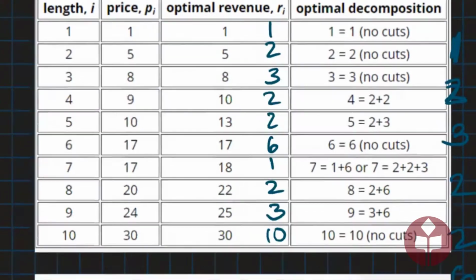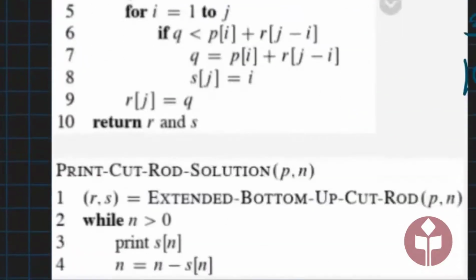So we can use this print cut rod solution algorithm to determine what the cuts are. All we're doing is looking at the appropriate S value for the rod length we're looking at, and then we keep updating n by changing it to n minus S sub n each time in this loop.